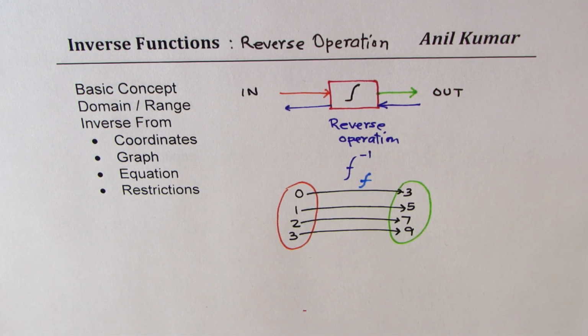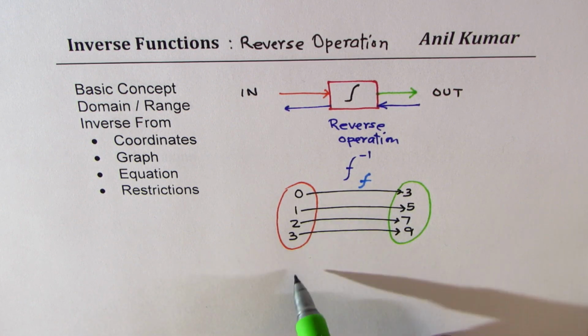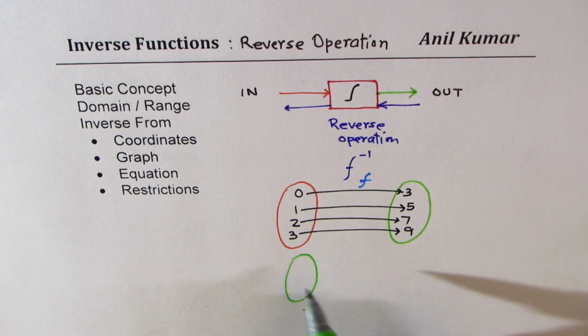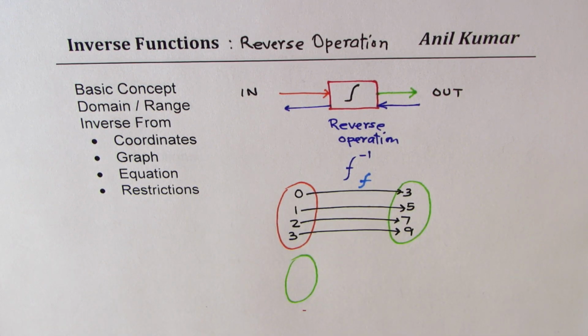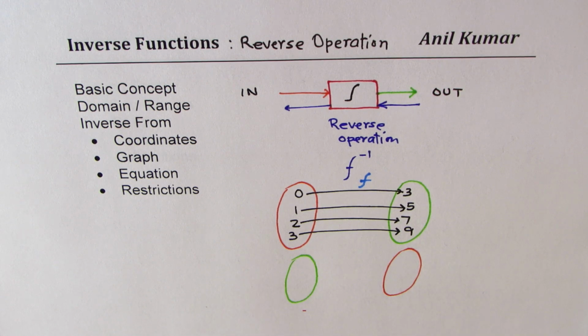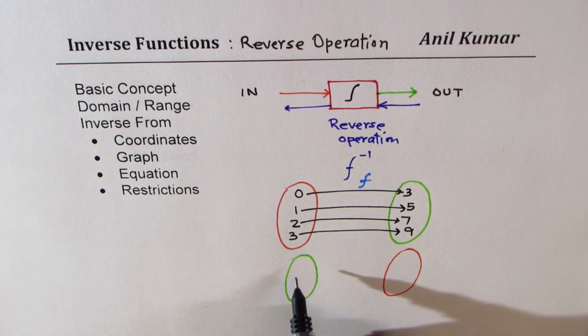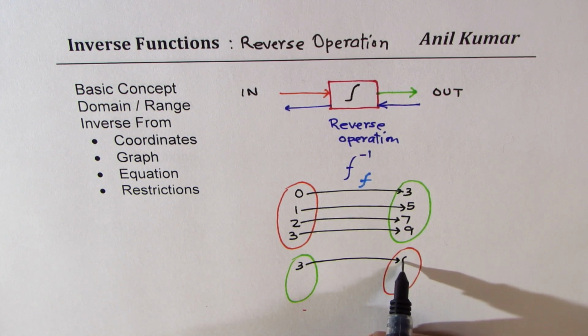Now, what is the inverse of this function? The inverse of this function will be that if I input 3, then I should get 0 as the output, right? So the inverse of this function will be to take 3 as the input and give out 0.